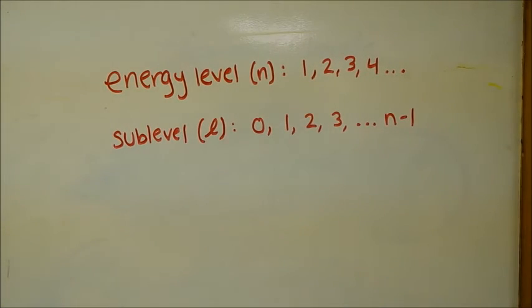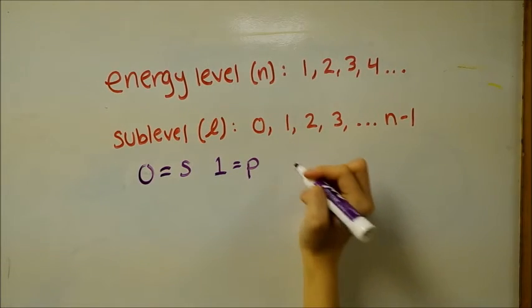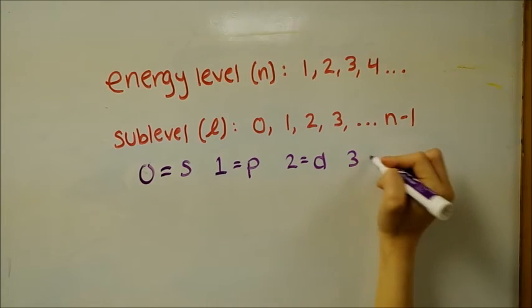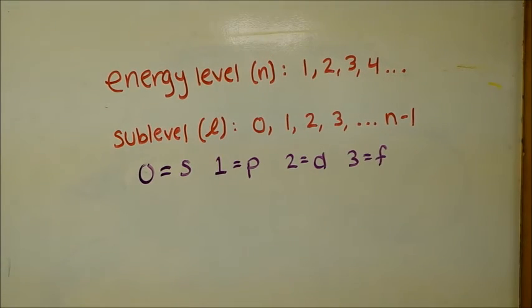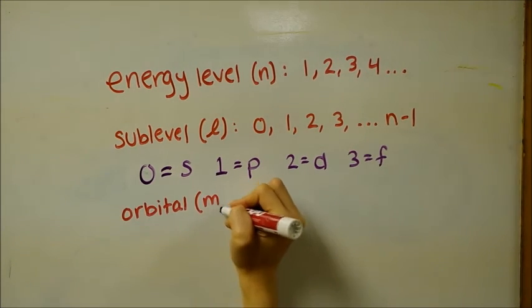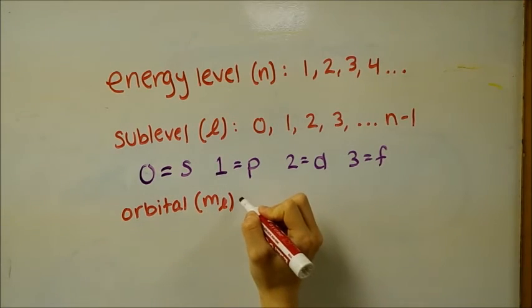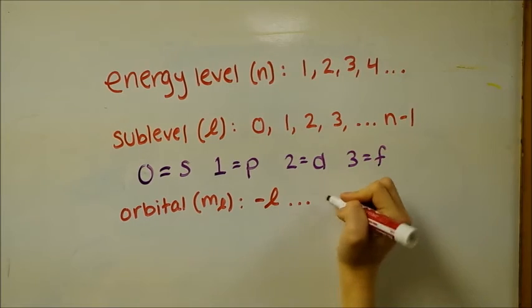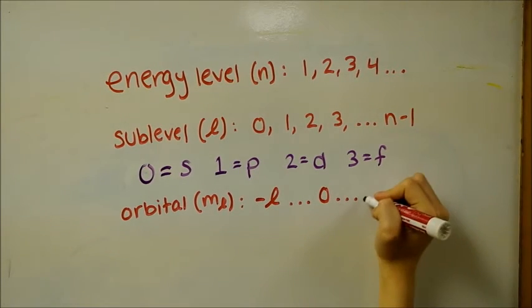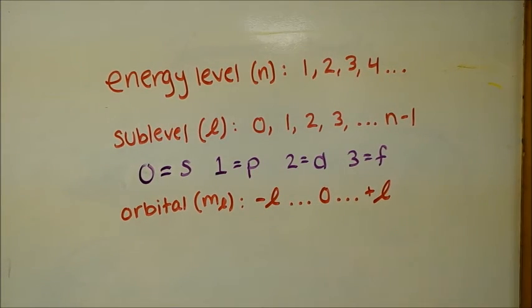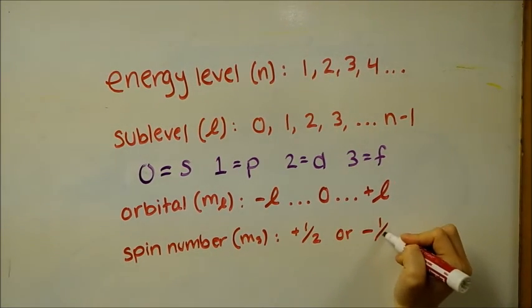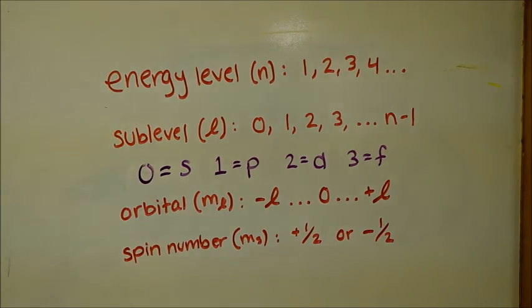Sublevel is denoted by L. If you take a closer look, 0 equals S, 1 equals P, 2 equals D, and 3 equals F. Orbital is represented by ML, and ML can range from negative L to positive L. Within these orbitals are electrons that can have spin numbers of either positive 1/2 or negative 1/2.